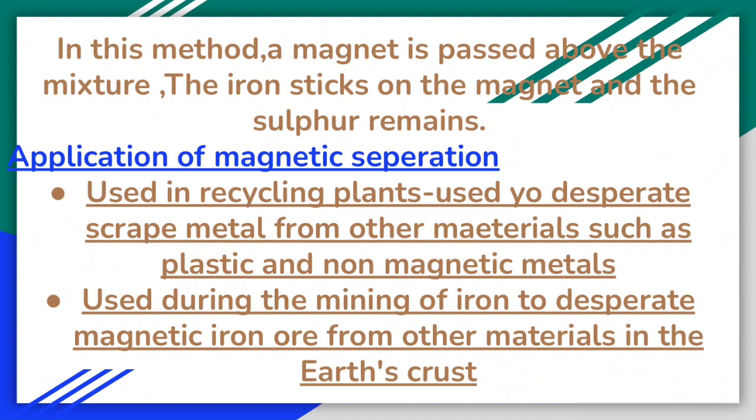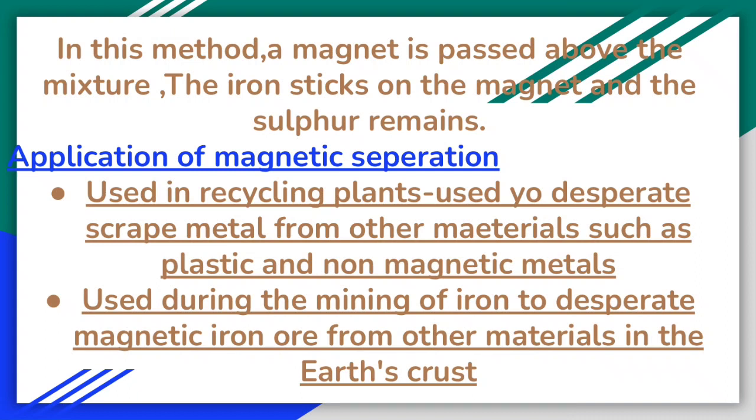Another place where magnetic separation is applicable is during the mining of iron. We know that iron and other metals are mined from the Earth's crust. In order for us to separate the iron from other materials, remember, you have to dig it from the Earth's crust.